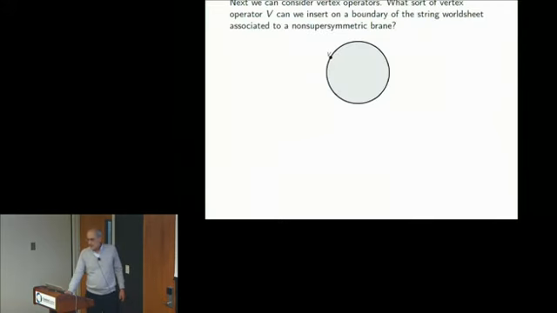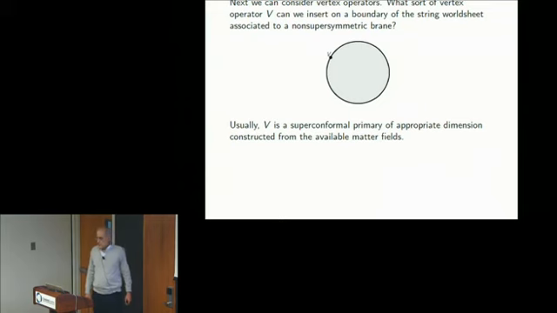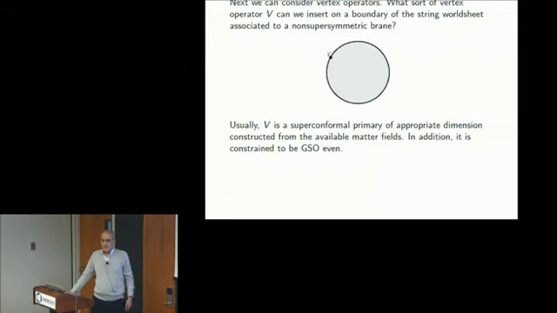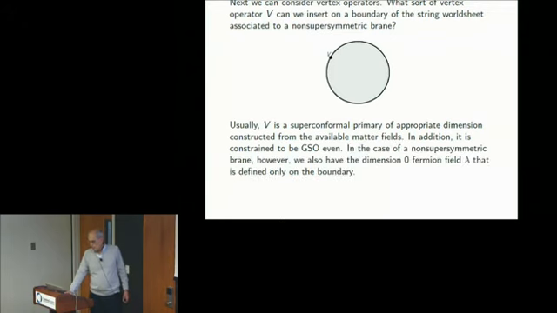Now we can consider vertex operators. What sort of vertex operator V can we insert on a boundary of the string worldsheet associated to a non-supersymmetric brane? So here's the worldsheet, and here's a boundary point. We're inserting an operator V. What can V be? Well, usually V is a superconformal primary of appropriate dimension constructed from all the available fields. In addition, it's usually constrained to be GSO even. GSO symmetry is a discrete symmetry that decides whether the operator is bosonic or fermionic, and only one is allowed.